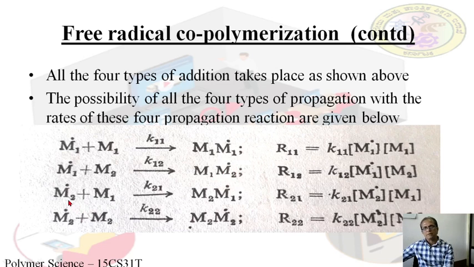A third possibility, as we have seen, is M2 dot with the M1 type, which is going to link up with the rate K21 and form M2M1 dot. And the fourth possibility is M2 dot plus M2 with the rate of reaction K22, which is going to form M2M2 dot.